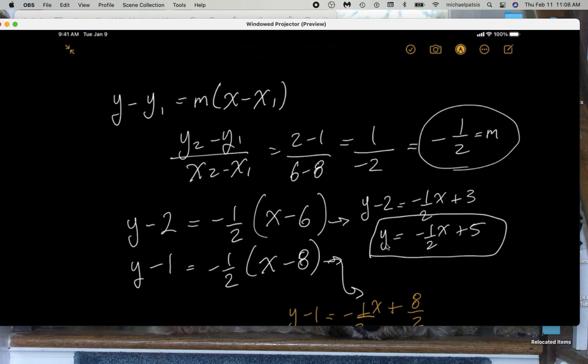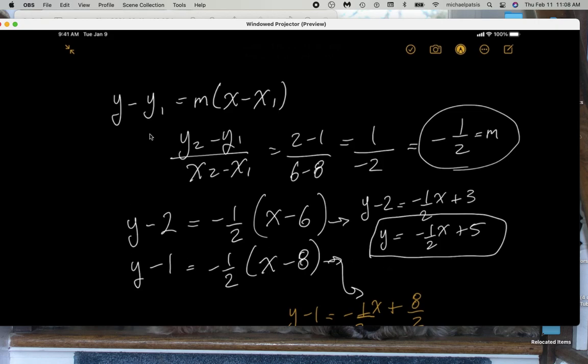How do we do that? We solve for y. We distribute, and we solve for y, and we got negative 1/2 x plus 5. We can graph this easily. We go to number 5 on the y-axis, and we run 2 in the positive direction, and we drop 1 in the y direction.